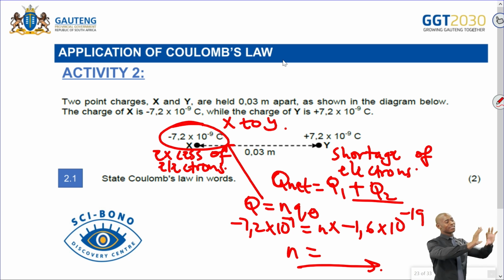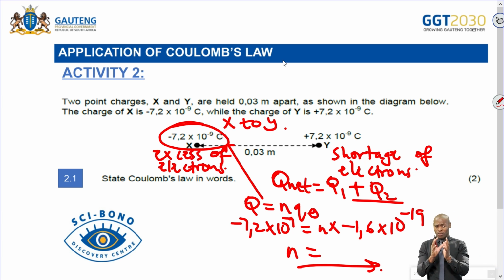So there are so many things that we can talk about here. What we did in grade 10: you can check which sphere has an excess of electrons, which sphere has a shortage of electrons, and which sphere electrons will be transferred from and to if they were brought into contact. And again, calculating the number of electrons transferred.